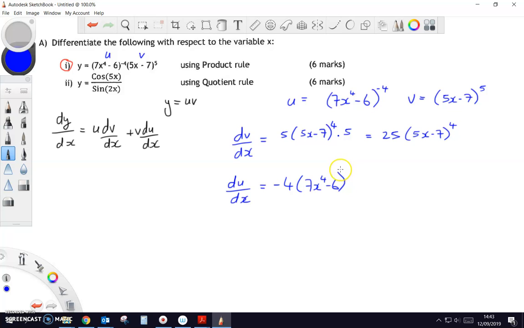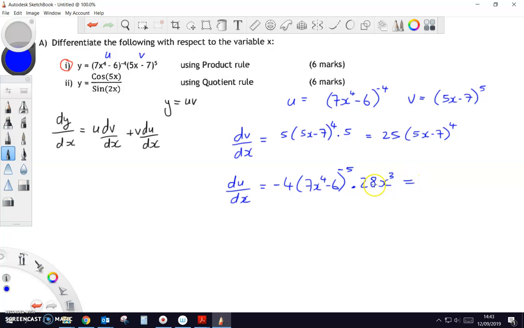Now minus 4 minus 1 is minus 5, be careful with that. And we're going to multiply that then by the first derivative of what's inside the brackets. So inside the bracket, 4 times 7 becomes 28. We keep our x, but the power there on it, 4, reduces by 1. We get a 3.